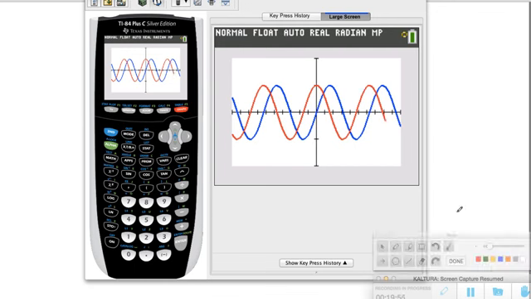So what we've drawn here, y equals sine of x, is in the blue. And in the red is y equals cosine of x. And as you can see, they're actually very similar, just shifted.